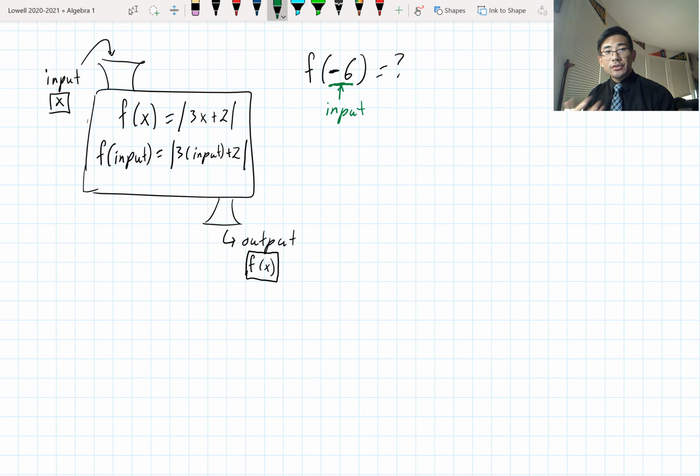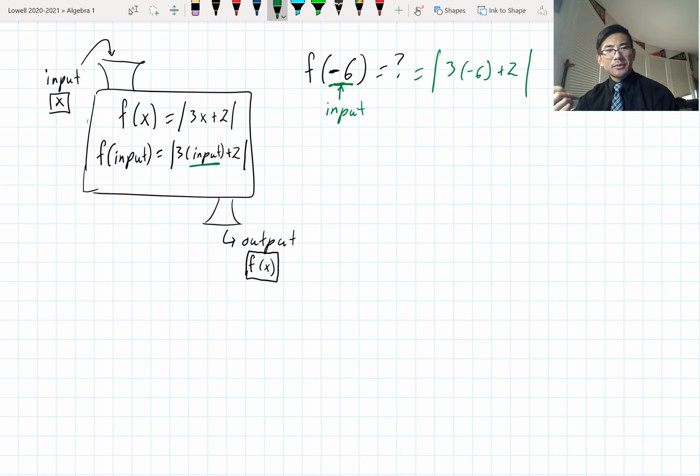When I'm actually trying to figure out what this is, you give this function machine -6, you throw it in the top, and then the little gremlins inside say, oh okay, I'm going to take that input, multiply it by 3, and then add 2, and then take the absolute value of that. So this is going to be the absolute value of 3 times -6, because that -6 is our input, and I'm going to add 2, and then take the absolute value.